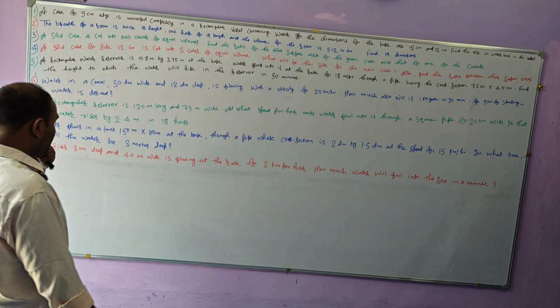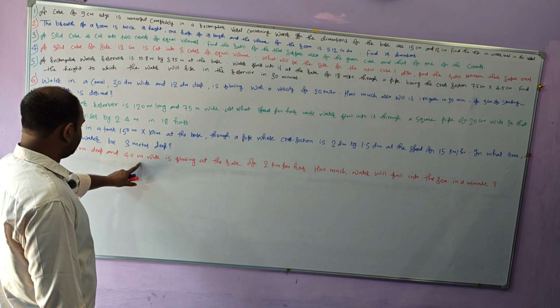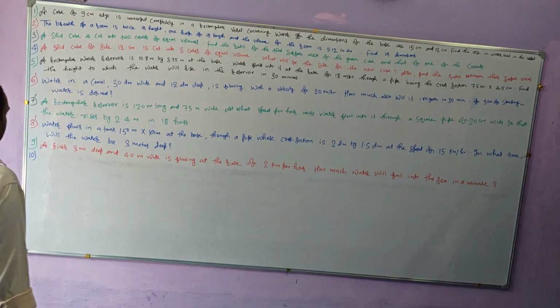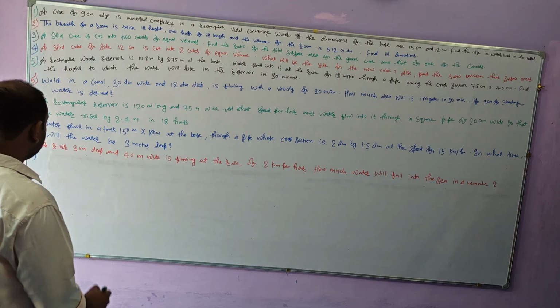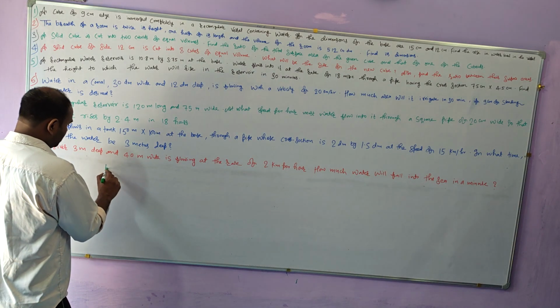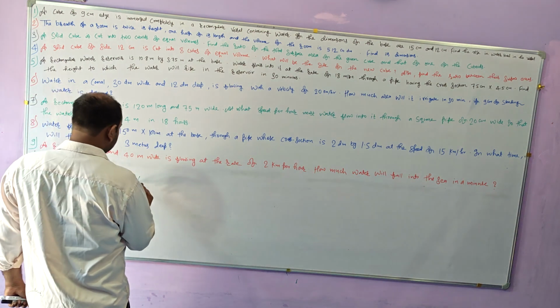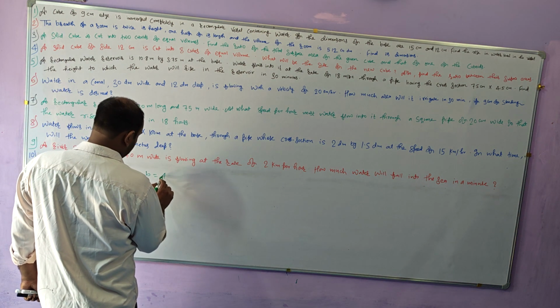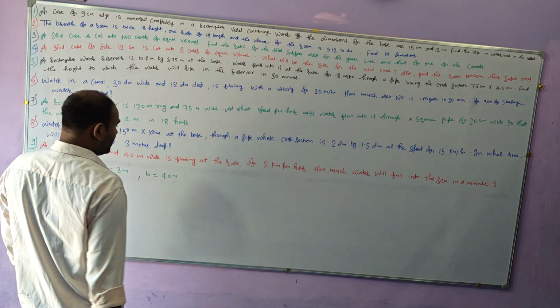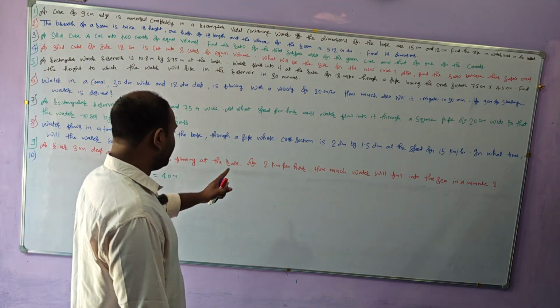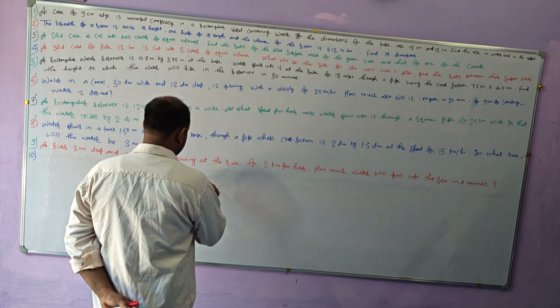A river 3 meter deep and 40 meter wide. That means H is equal to 3 meter and B is equal to 40 meter, and it is flowing at a rate of 2 kilometers per hour.